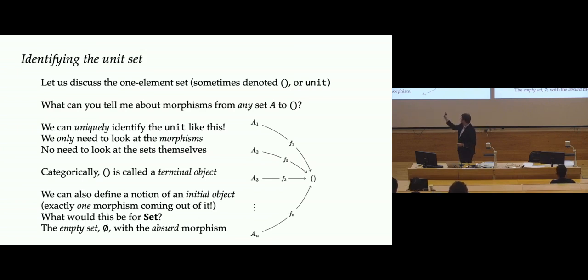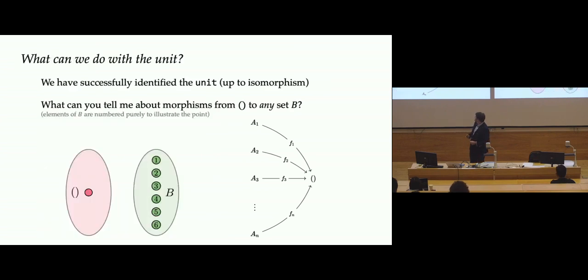Now, once I have this structure over here, and we basically have identified the unit by looking at patterns inside the arrows, now let's see what comes out of unit. So what can you tell me about morphisms from unit to any particular set B? How many morphisms will there be, and what will they tell you about B? Yes, exactly.